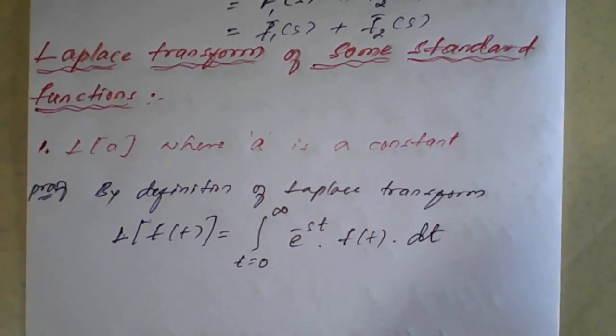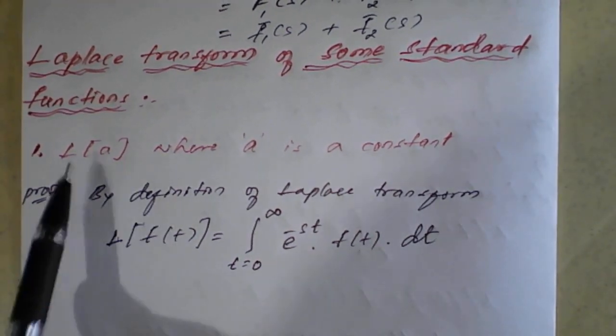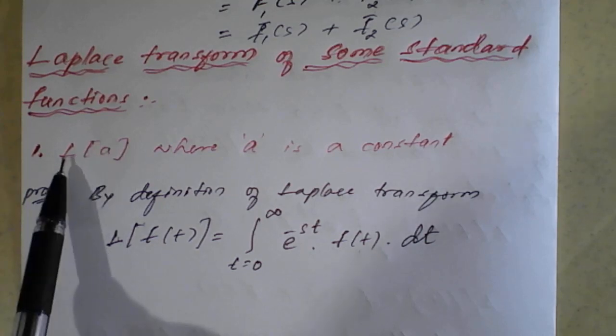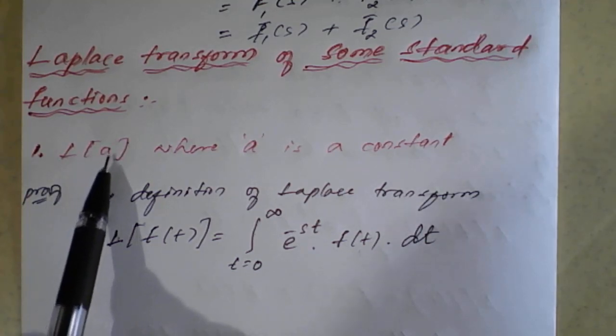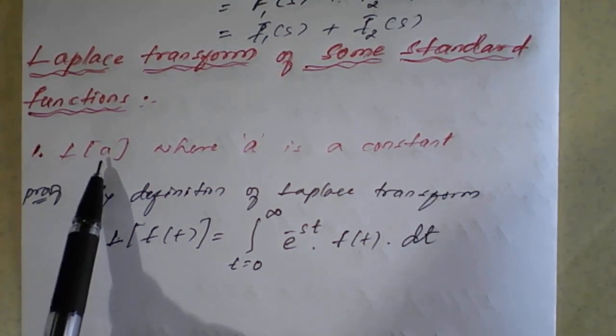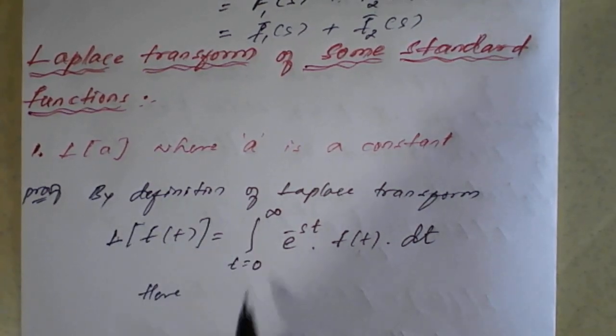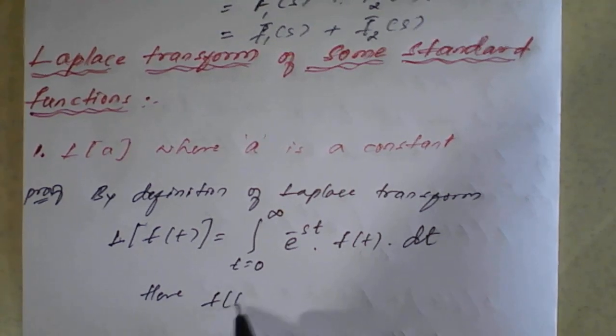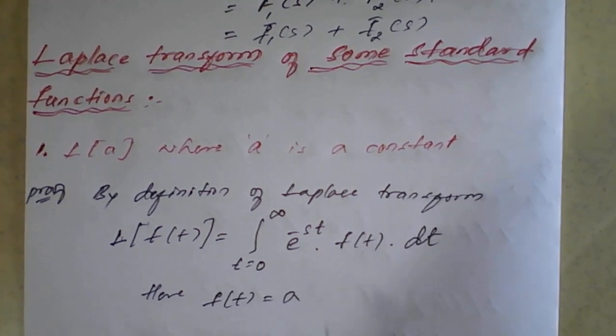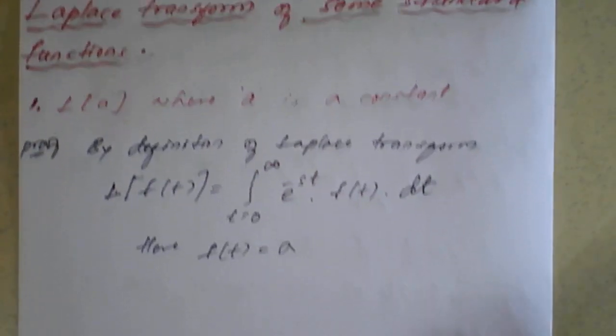Fine. But here if you compare, we are going to find the value of L of a. So in place of f of t we have a, so f of t is nothing but a.